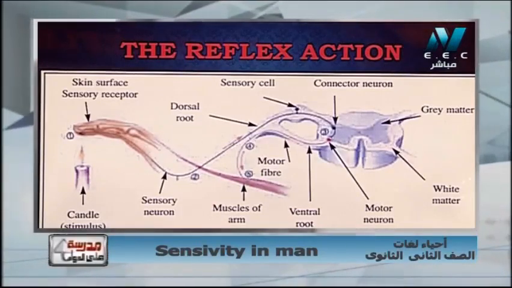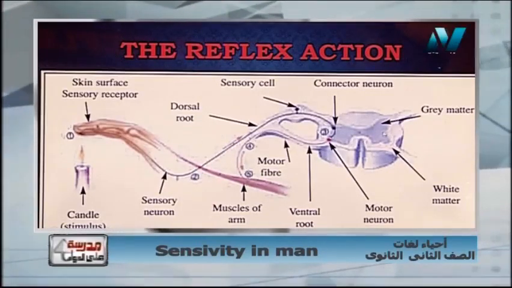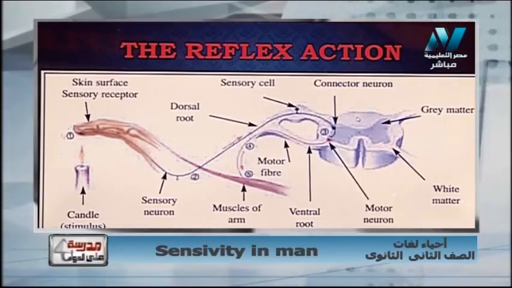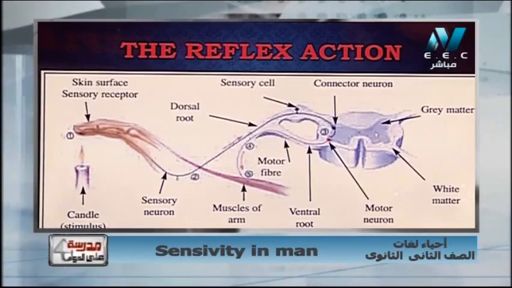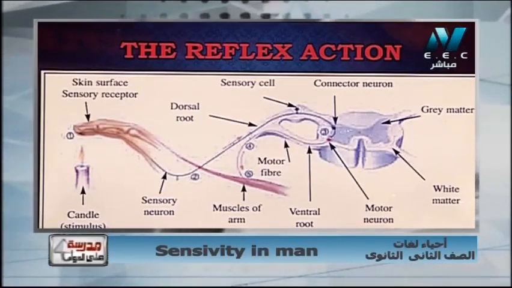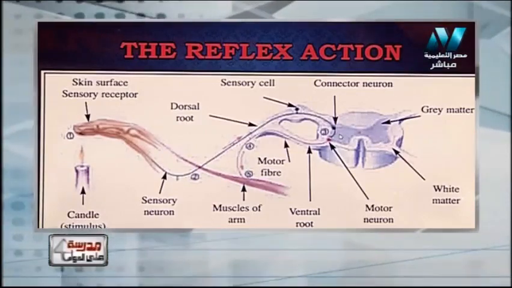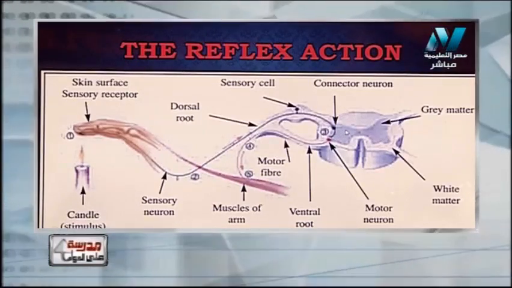This is a section of the spinal cord, and as you see, the white matter is outside and the gray matter inside, H-shaped, and the gray matter contains the connector neuron.